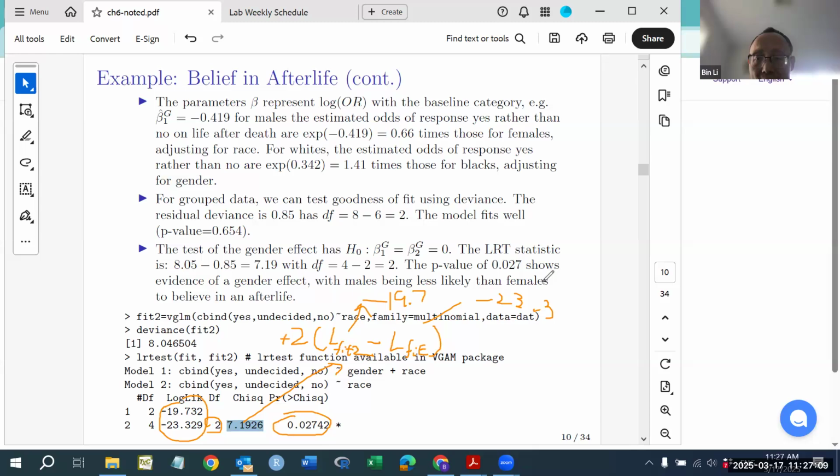So that means there is a significant difference between these two models. So that's why we can say gender plays a significant effect in predicting the belief in afterlife. Okay, so that's how we compare the models.